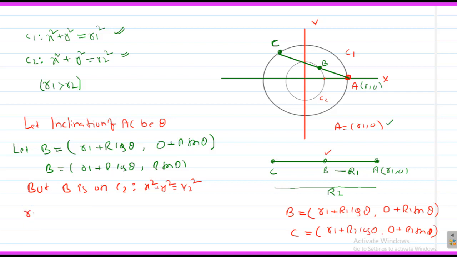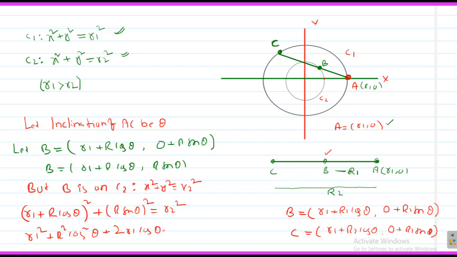Means (r1 + R cos theta) whole square plus y square, meaning (R sin theta) whole square, equals r2 square. Now I want to simplify this. r1 square plus R square cos square theta plus 2 r1 cos theta into R plus R square sin square theta equals r2 square.